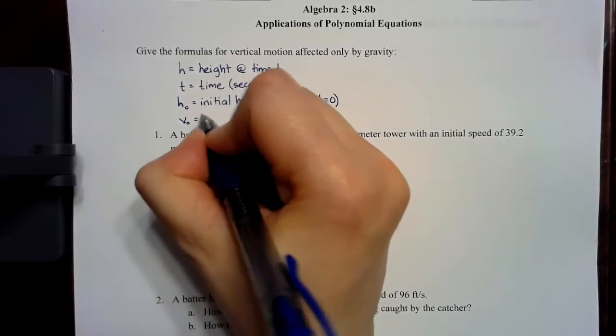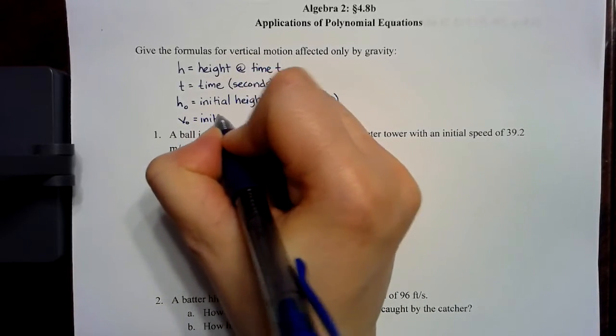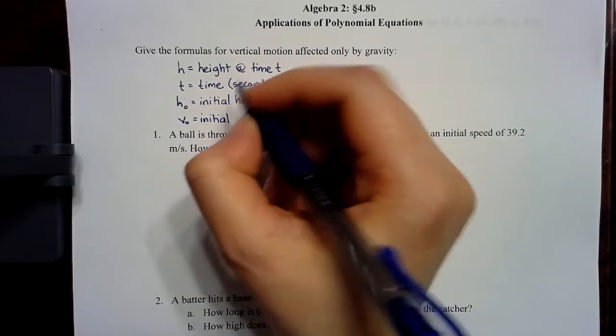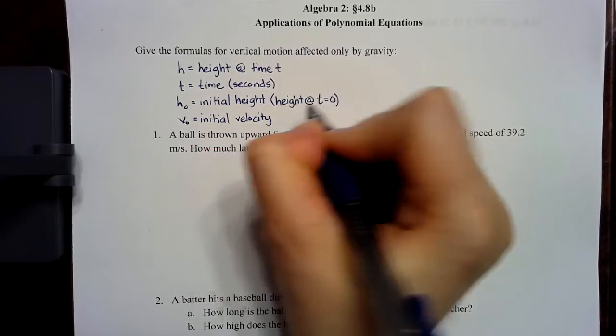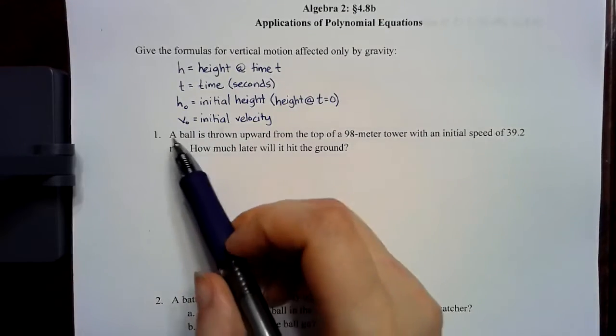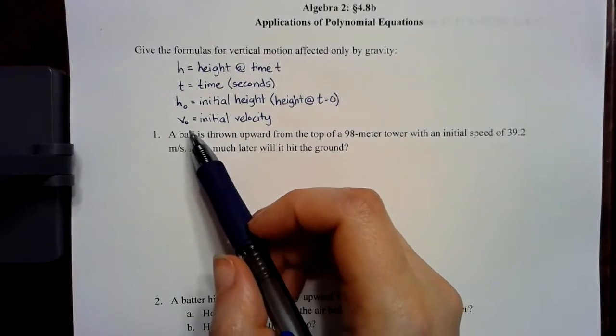And v0 will be that initial velocity. Think of that as the speed, so the speed at time 0.